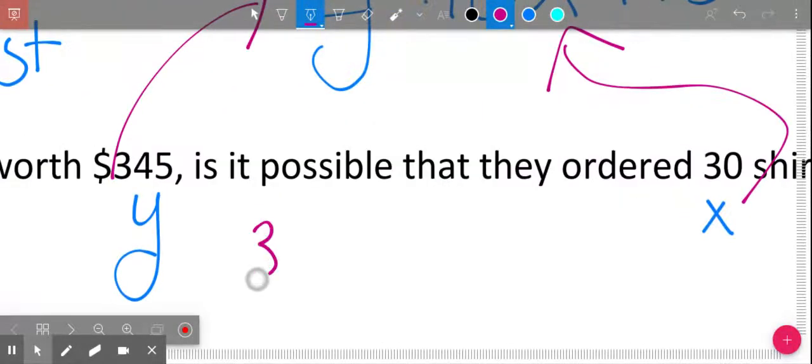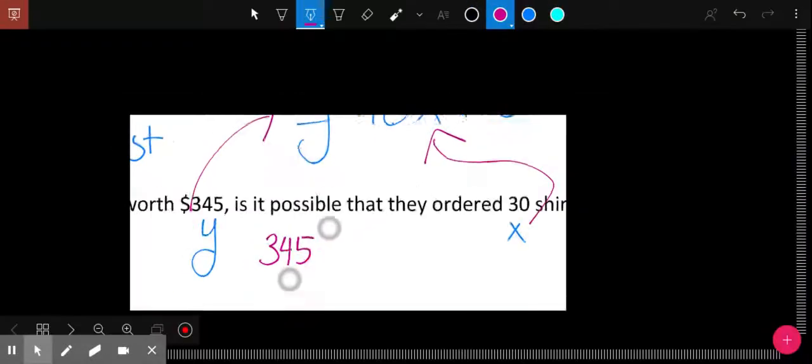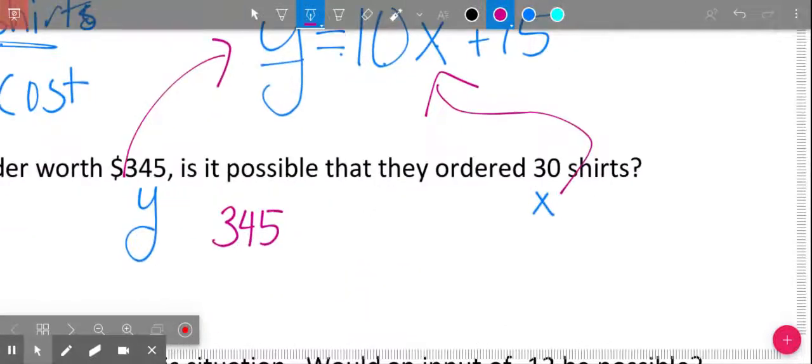So we're going to have 345 is equal to $10, and instead of times X, it becomes times 30 plus 15.